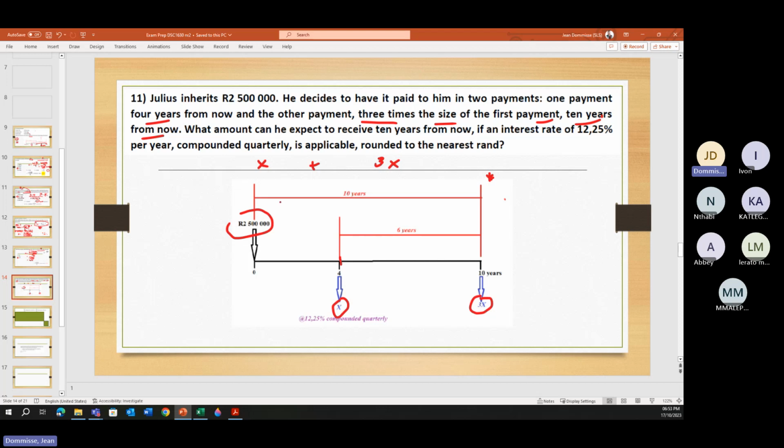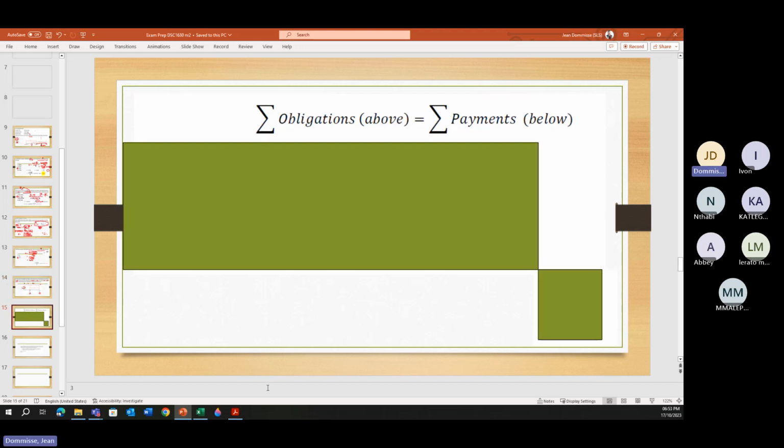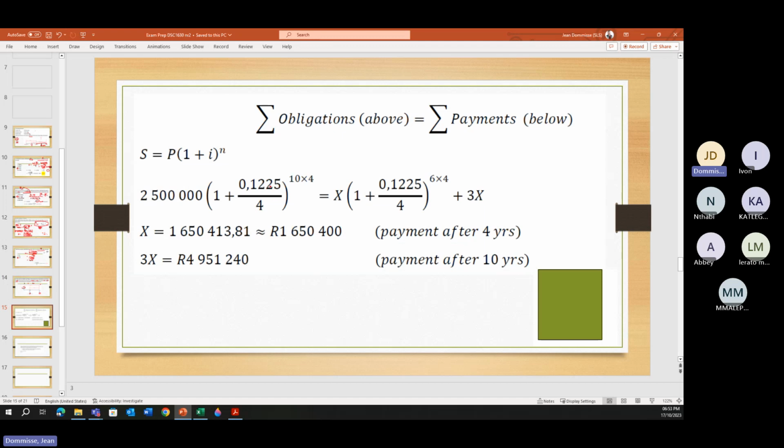The first component up until the 3x has to do with 10 years. The other component with x has to do with the 6 years. That is very important, because when we look at the formulas, we're basically going to do this nearly twice.